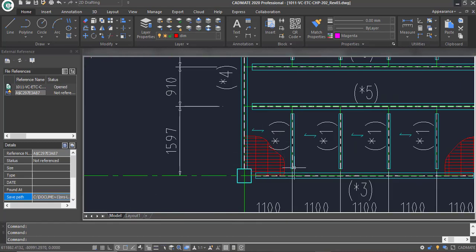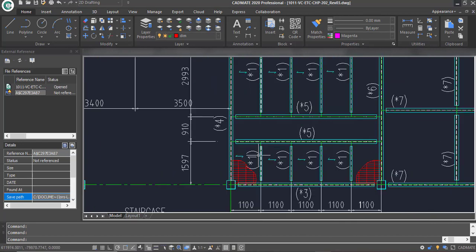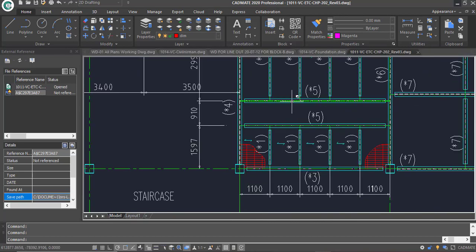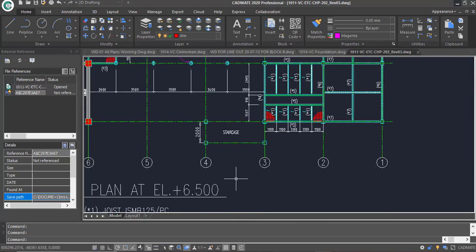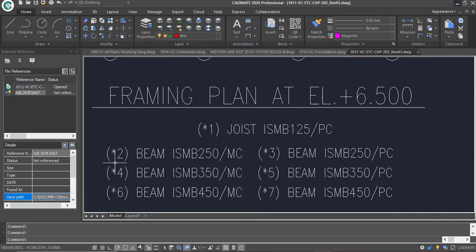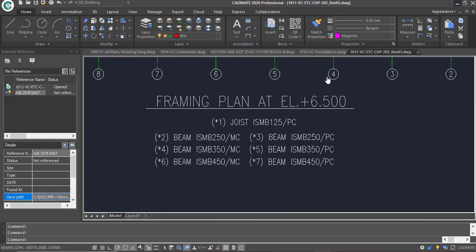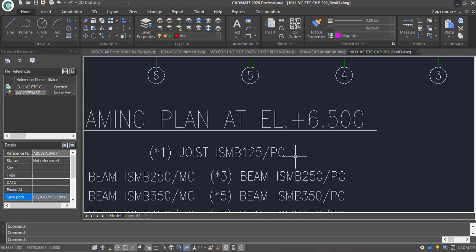So you can identify that for this particular floor there will be grating, and other elements, meaning the beam numbers, are highlighted with certain annotations like *1, *2, *4, likewise, right. So they can identify what *1 is. Basically *1 is ISMB 150, sorry, ISMB 125.